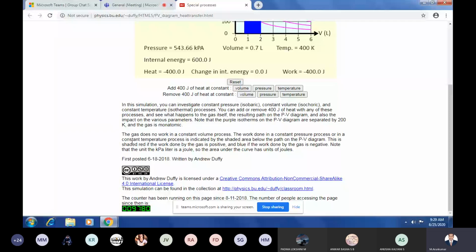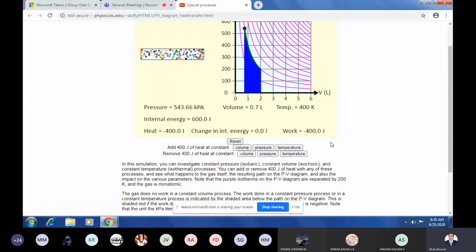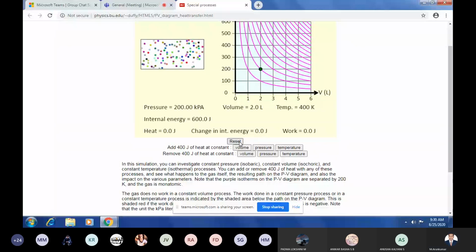The gas does no work in a constant volume process. Yes, we discussed that in a constant volume process there is no work. Let me check. For a constant volume process, volume will be constant. Initially the heat is 0, work is 0, and change in internal energy is 0; pressure is 200 kilopascal, volume is 2 liters, and temperature is 400 Kelvin.